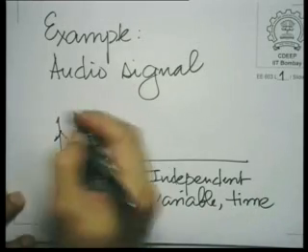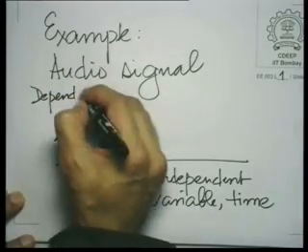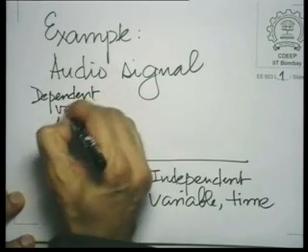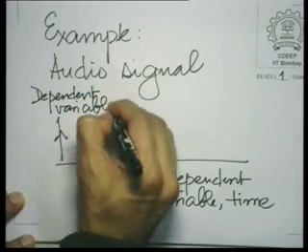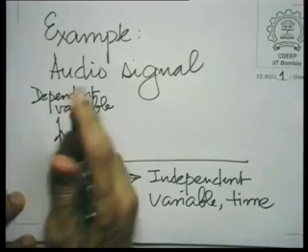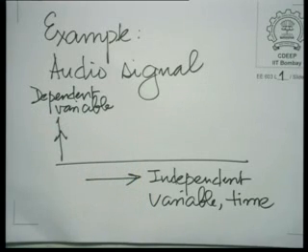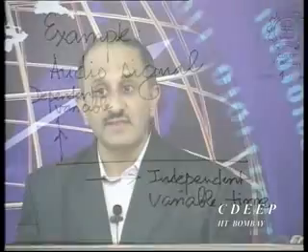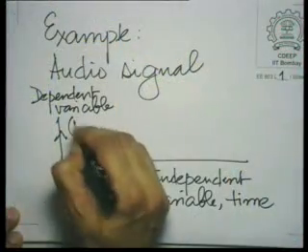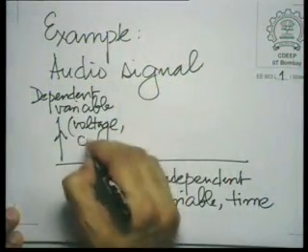And the dependent variable could be, depending on the nature of the recording, for example, a magnetic signal if it is an audio magnetic recording, or it could be a voltage signal, whatever. Right? So could be voltage, current, magnetic field, whatever.